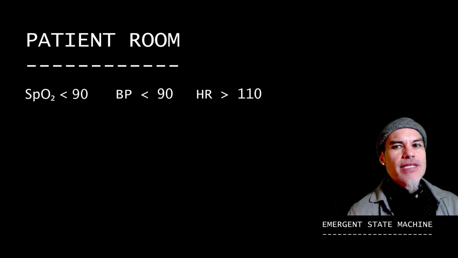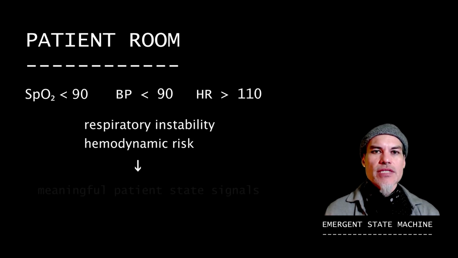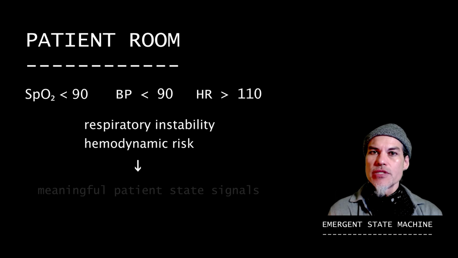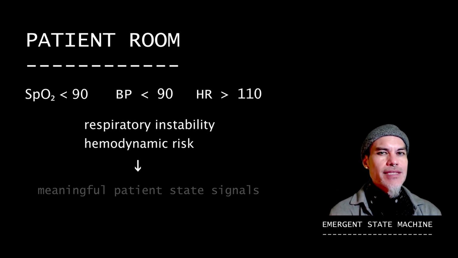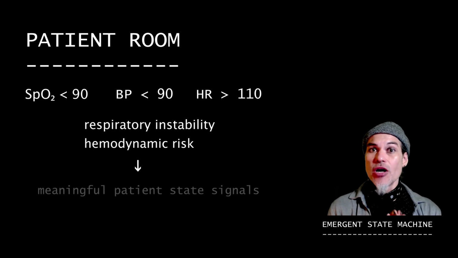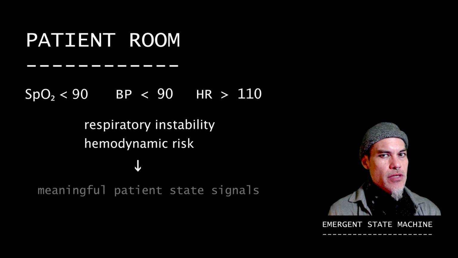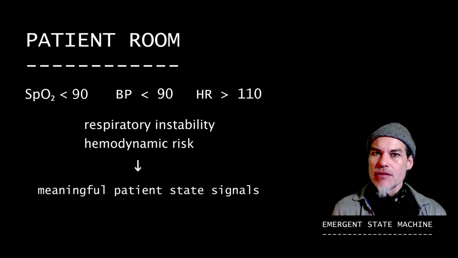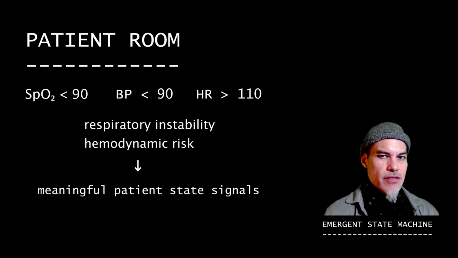With an emergent state machine architecture, the system doesn't just report signals, it reports structured interpretations of patient state. These are not raw sensor alarms, they're signals produced by small, specialist decision systems that evaluate patterns across multiple observations.